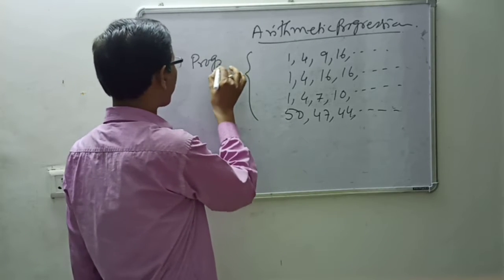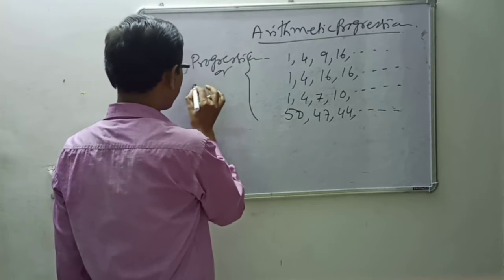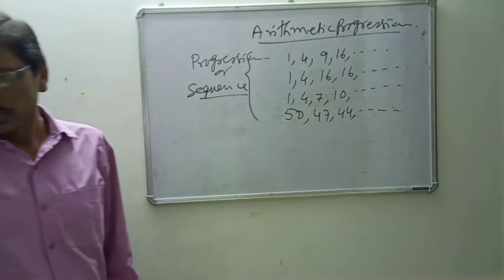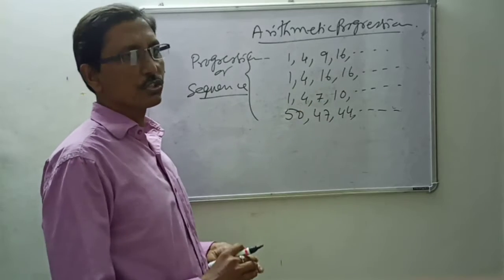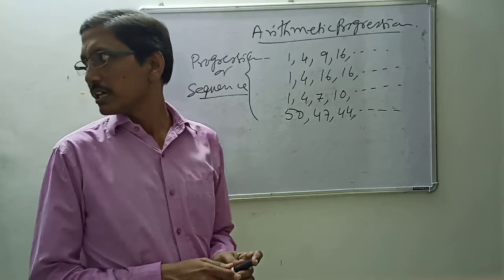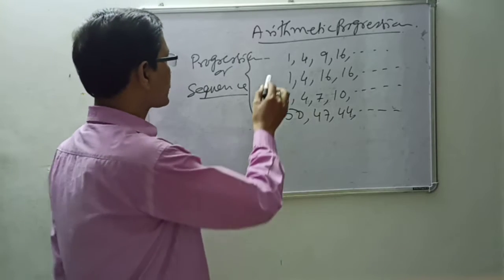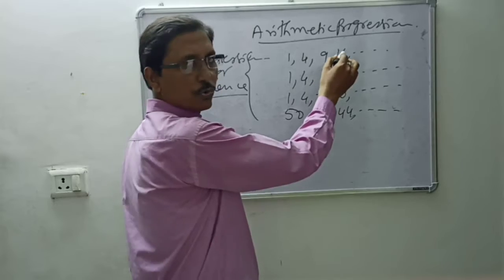What do we mean by progression? It is called the sequence. This is called progression because all the numbers, the whole group of numbers, are following some pattern or rule. For example, 1 square, 2 square, 3 square, 4 square, like this.